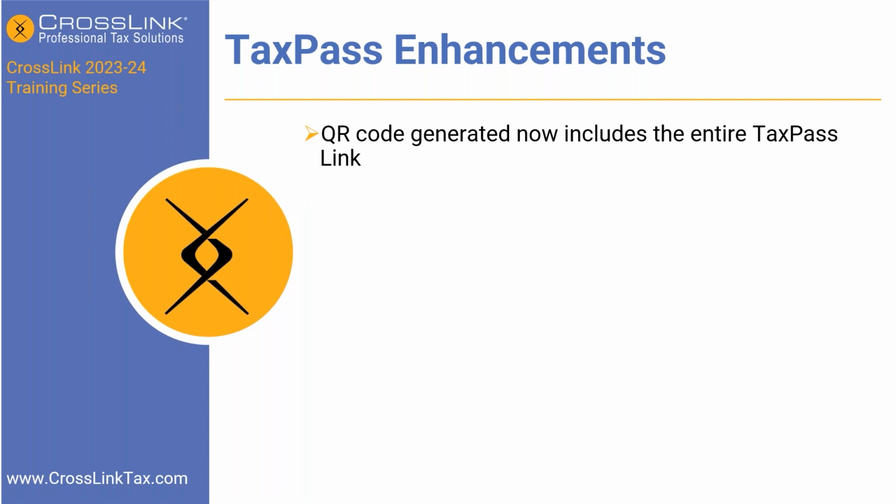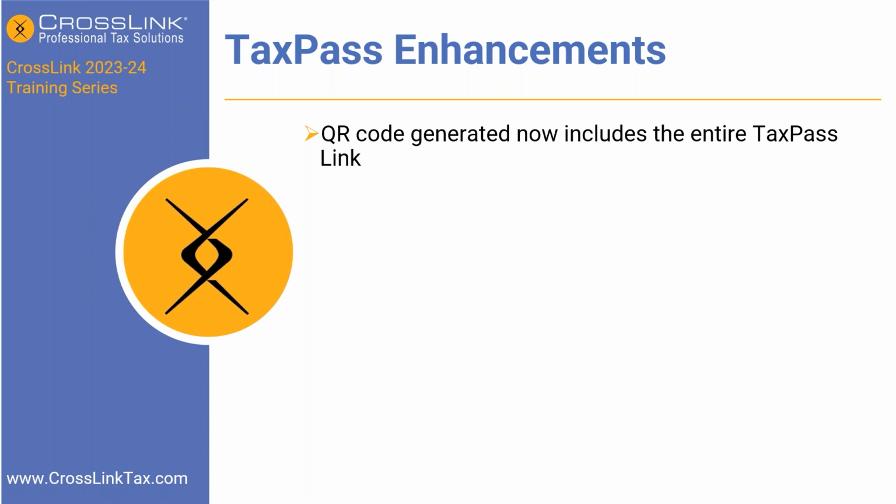And lastly, our QR code. Previously, QR codes from TaxPass would populate a unique code. But since we moved away from TaxPass being an app, it's now a website, so it has a URL.